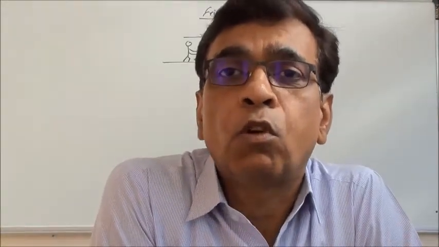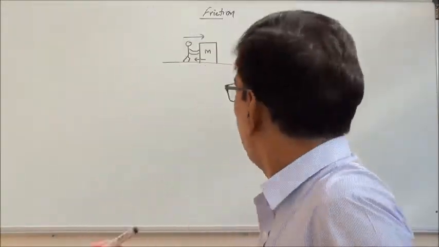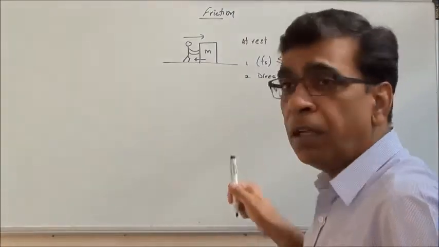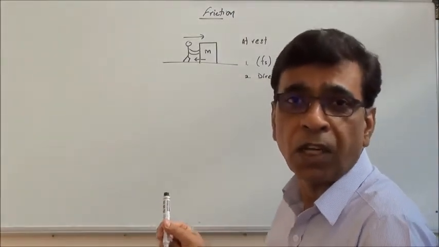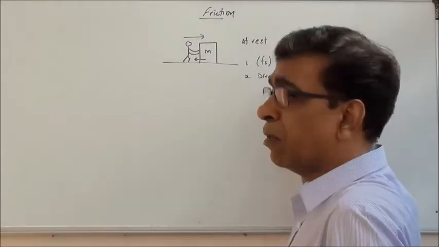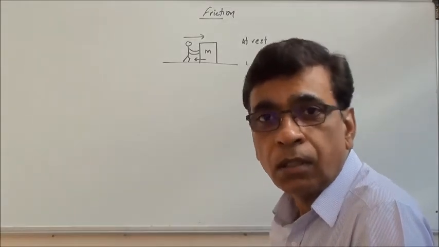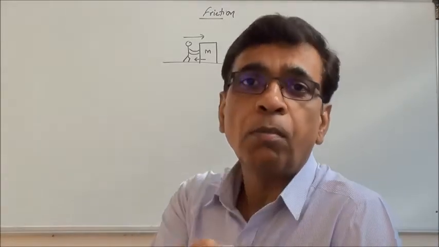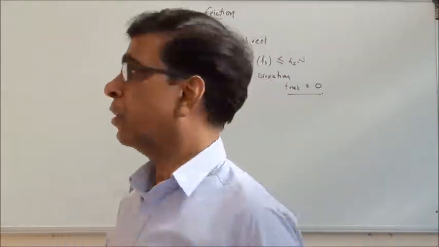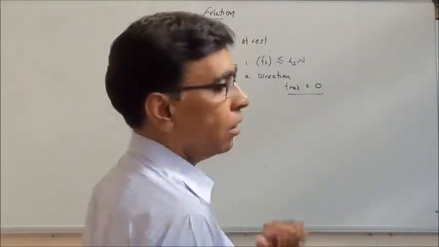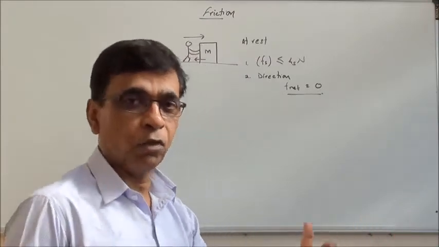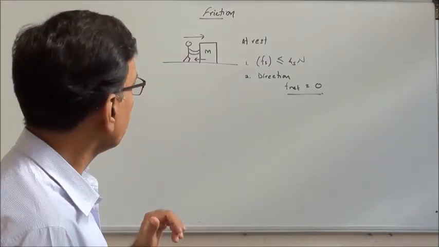That's why we call it a self-adjusting force. In magnitude it adjusts its value from 0 to this maximum force, and in the same way in direction. The direction of this force is opposite to the effort, opposite to the direction in which the external force is applied.